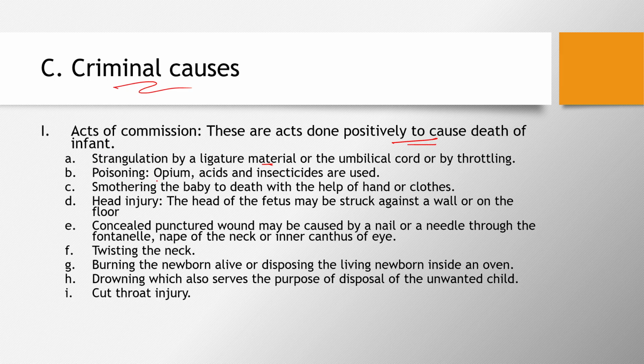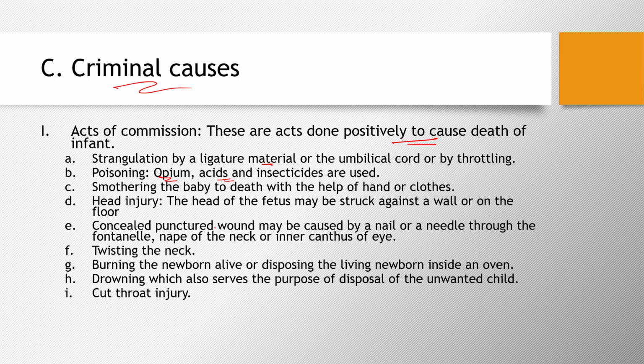In poisoning cases, they commonly use opium. They can also use acids or insecticides, which are commonly available poisons. Then smothering the baby with the help of a hand or clothes. Head injury by lifting the infant by the legs, and the child may be hit on the ground or the wall.